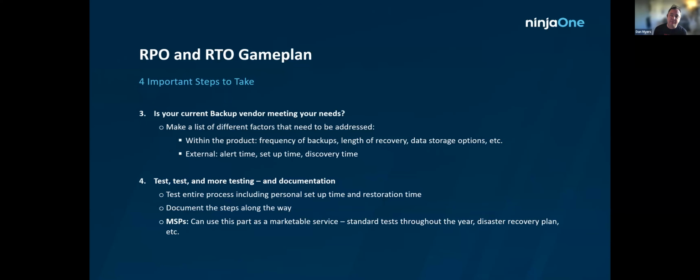So now it's time to check your current processes and procedures, check your current vendors. You now understand these objectives and what they mean and how they are defined. So you need to start looking at your current solutions and understand, are we going to be successful using these solutions?